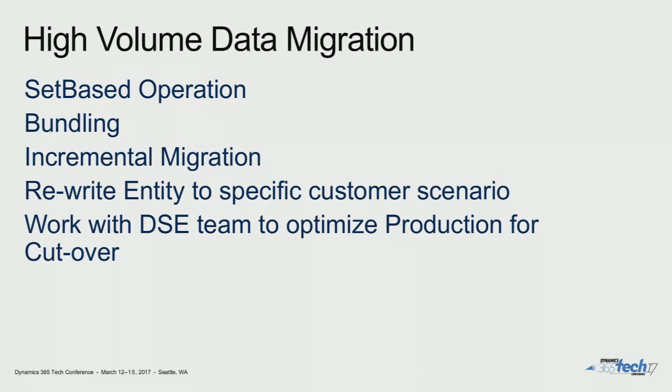Take a purchase order: it could cater to projects, asset management, and a few other things, so the entity is built to work with all different modules. In your very specific customer scenario, let's say you don't have projects and asset management, so you can create your own entity or duplicate this entity and remove all the validations around projects and asset management.